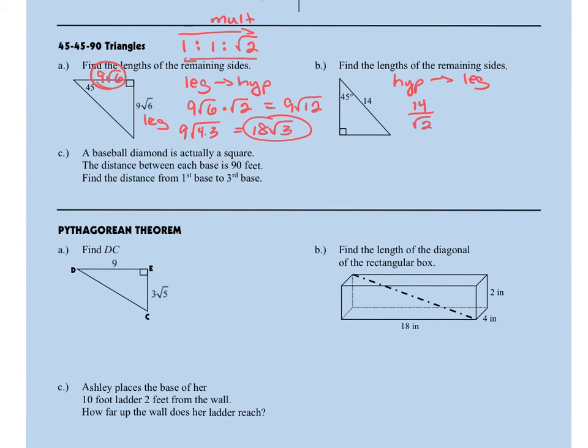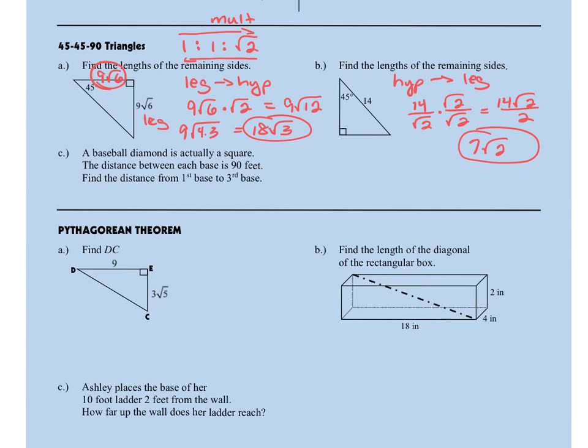As we mentioned before, we need to rationalize this, so we'll multiply top and bottom by that radical. That's going to give us 14 radical 2 over 2. Of course, the 14 over the 2 reduces, and that gets me to a final answer of 7 radical 2 for that side in the triangle, and both legs would be the same.